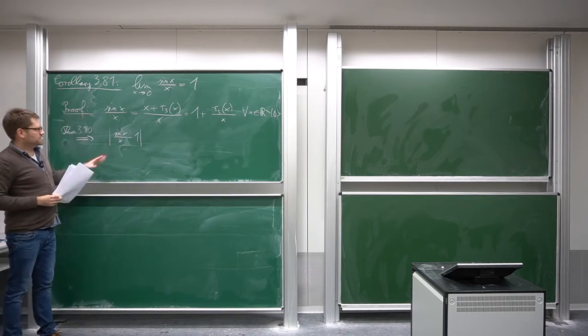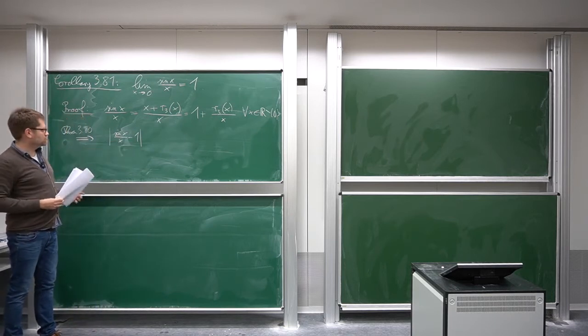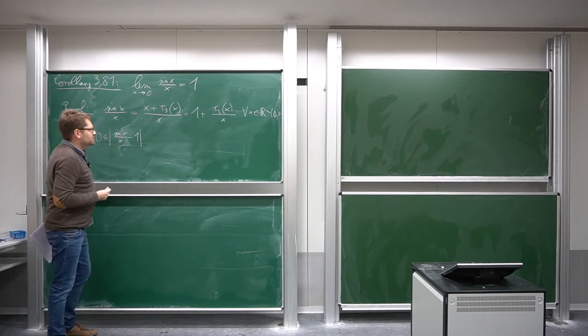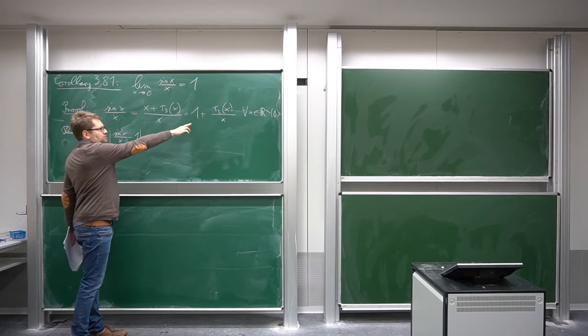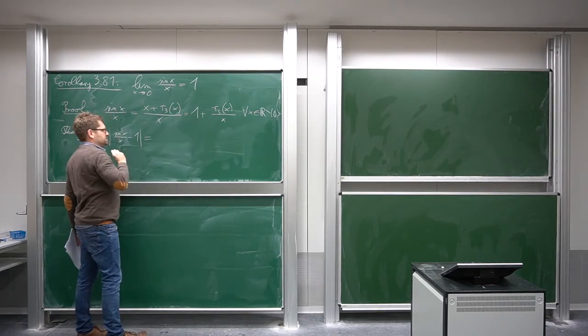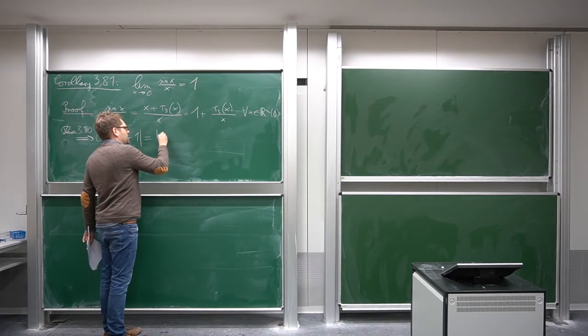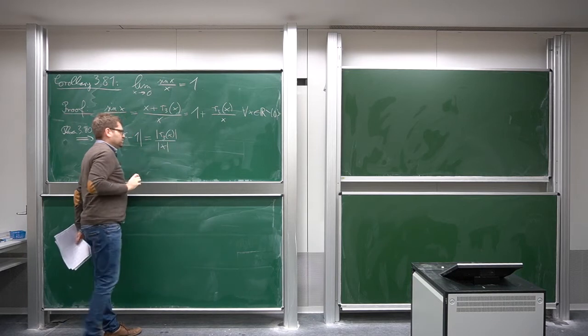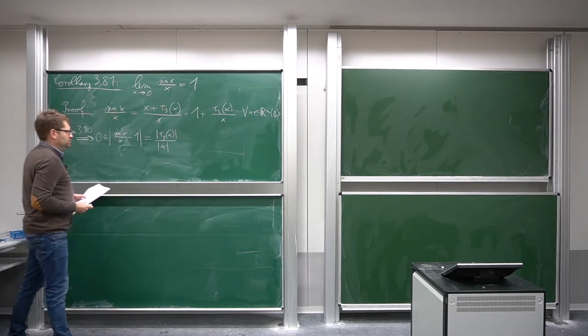And so we want to show that this goes to 0 as x goes to 0. First of all, we know that, of course, this is a non-negative number, which is obvious. So we have the absolute value of sine x over x minus 1, and now we use this representation, and then we see that this one and this one cancel each other out, so we get the absolute value of R3 of x divided by the absolute value of x.